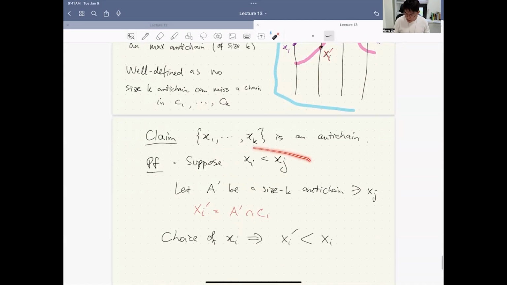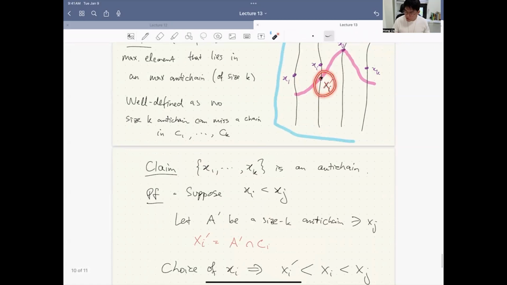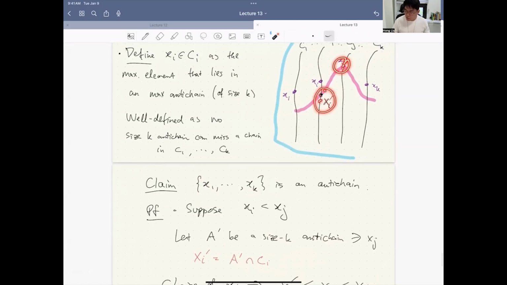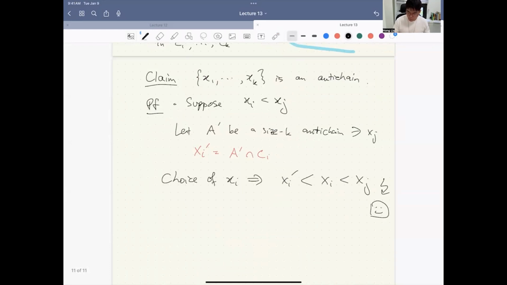But our assumption says xi is also less than xj. This implies that xi prime is less than xj, but they are in one anti-chain. They are not comparable. Contradiction.